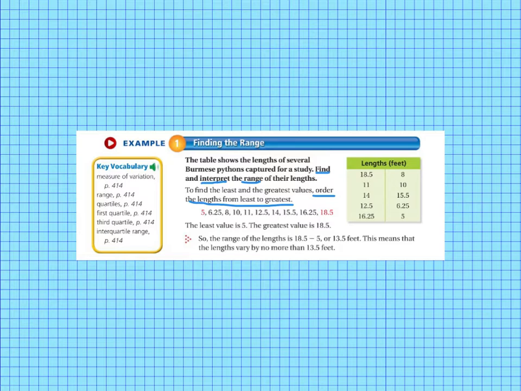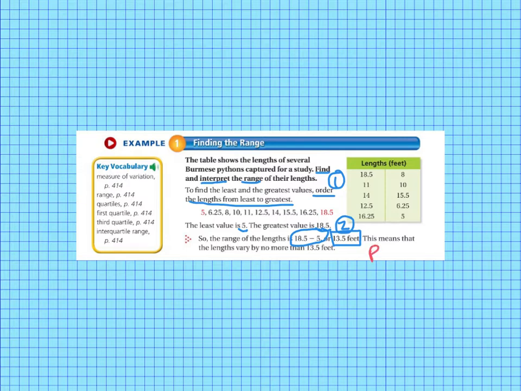Once we do that, that was step 1, we can see that the least value is 5 and the greatest value is 18.5. So we want to subtract 18.5 minus 5. That's our step 2, and that gives us a range of 13.5 feet.